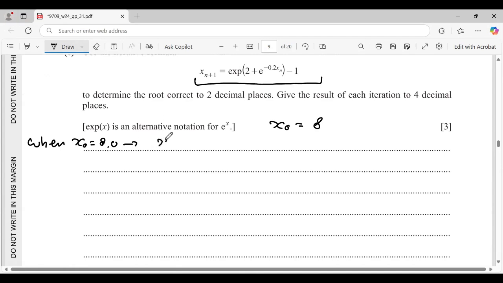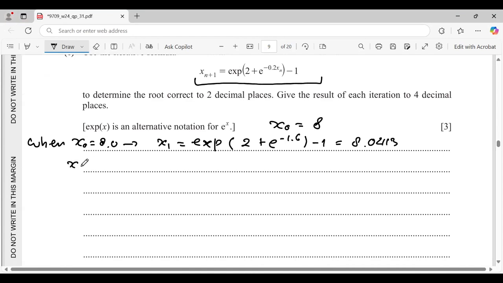When x0 equals 8.0, x1 equals the exponential function of 2 plus e power minus 1.6, minus 1, because minus 0.2 times 8 is minus 1.6. And if you calculate, the result is 8.0413.